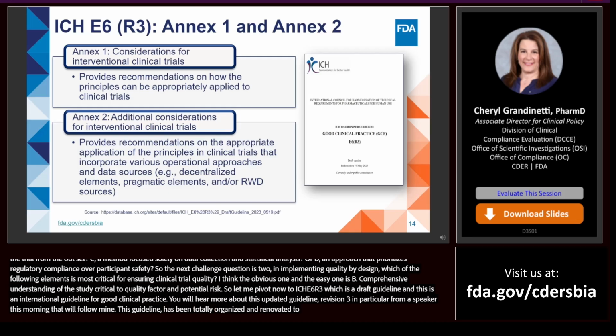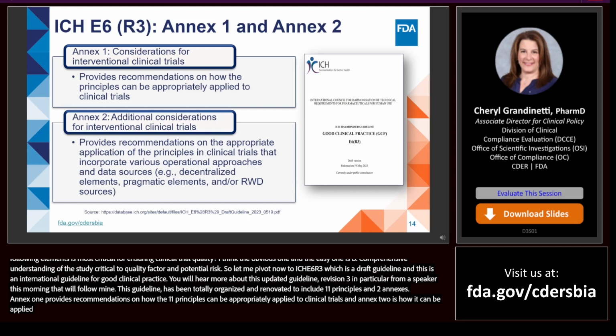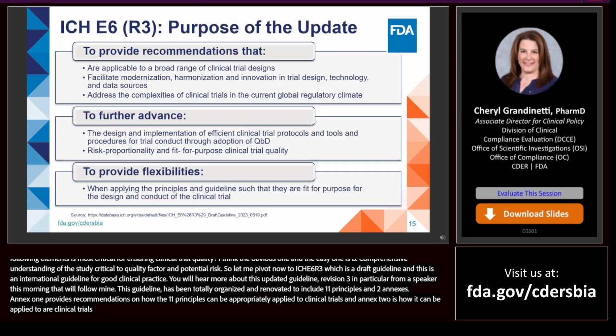So Annex 1 provides recommendations on how the 11 principles can be appropriately applied to clinical trials. And Annex 2 provides additional considerations on how these principles may be applied to clinical trials that incorporate various operational approaches, such as trials that use decentralized or pragmatic elements and use real-world data.